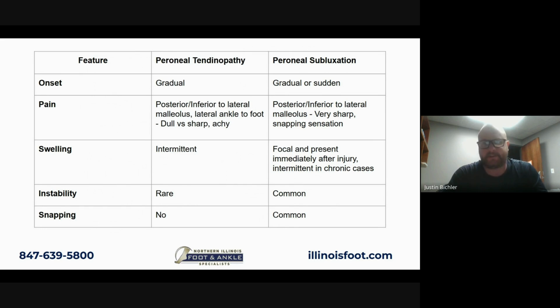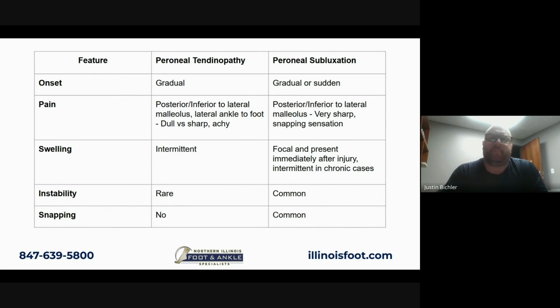With peroneal subluxation, again, it can be gradual over time following an injury that causes attenuation of the superior peroneal retinaculum. Otherwise it can often be sudden with an injury if the SPR is damaged, or there's some type of fracture injury to the lateral malleolus.